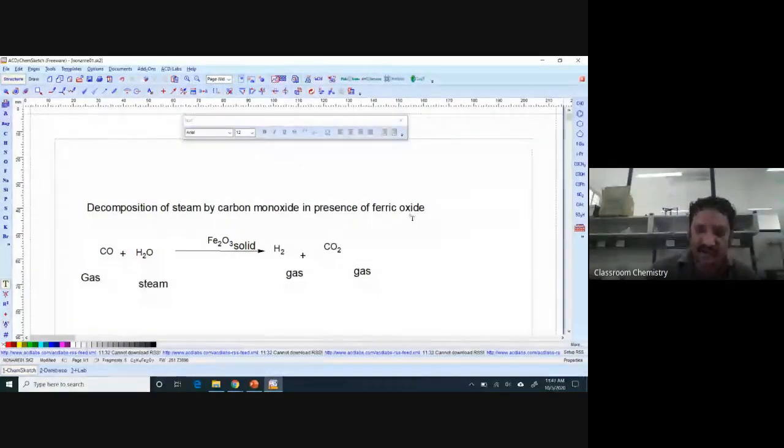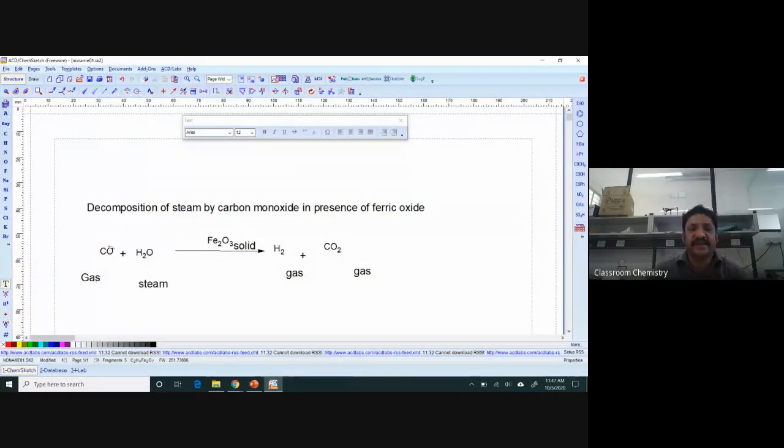Ferric oxide. Okay, so ferric oxide, what's its formula? Fe2O3. And this ferric oxide decomposes the steam in presence of what? Carbon monoxide. Then what is the formation? There is a formation of hydrogen gas as well as carbon dioxide.